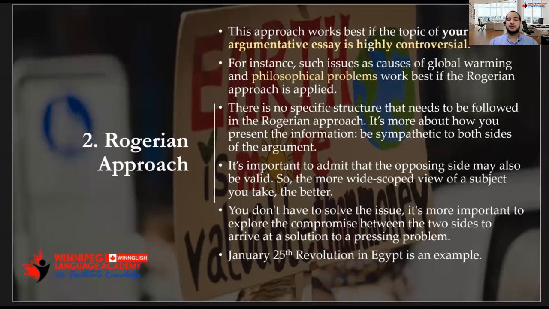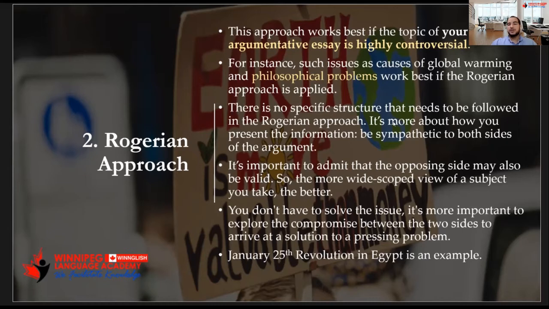So this can be a different approach to talk about your argumentative essay. This approach works best if the topic of your argumentative essay is very complex or controversial. For instance, here the issue of global warming. Some people think it's real, some people think it's not. Or if you have a philosophical problem, also, these can be good topics for the Rogerian approach.